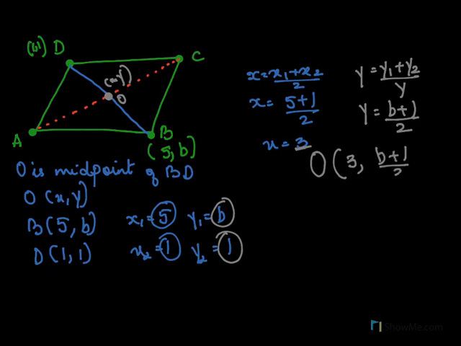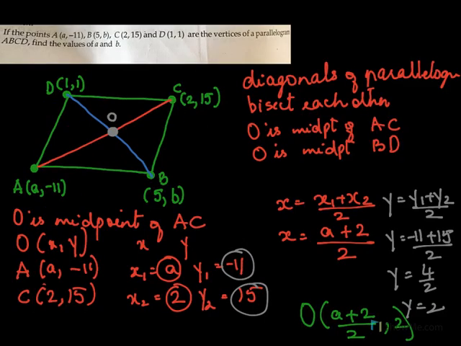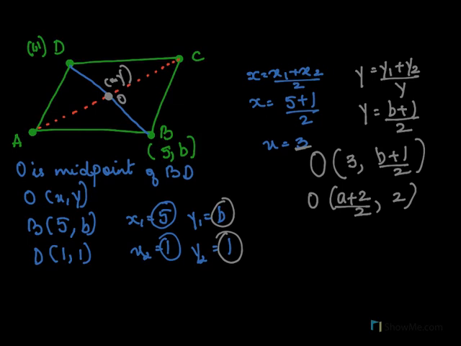But earlier we have also found the coordinates of O. Look up here, we found the coordinates of O here. Have you seen? A plus 2 over 2 and 2. So now O is one and the same point. So we could say that the x of this is equal to the x of this.